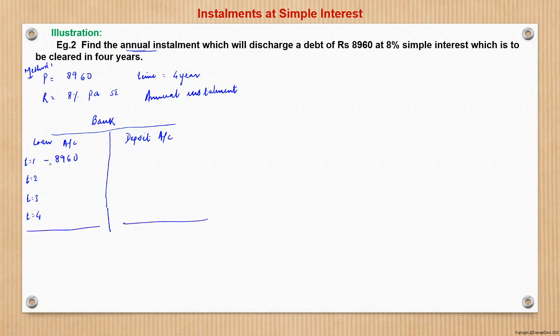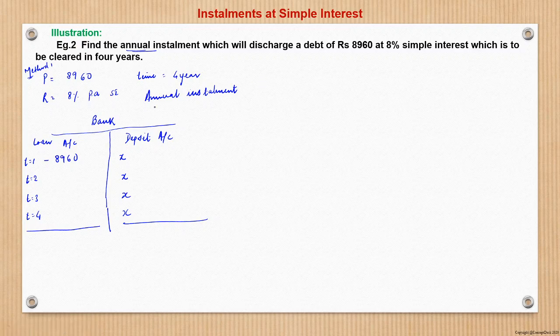At the end of first year, X amount is being deposited, right? At the end of second period, another X amount. At the end of third period, another X amount. At the end of fourth period, another X amount is being deposited. Now, the X amount deposited at the end of first period, and we are looking at the position at the end of fourth year, right? So from the end of first year to the end of fourth year, it will be 3.